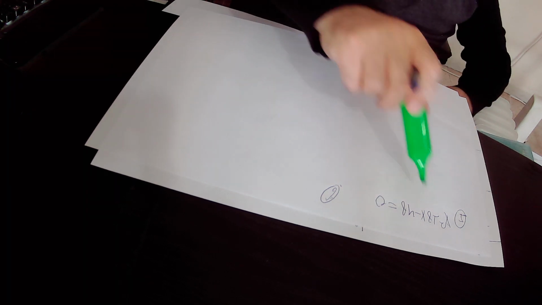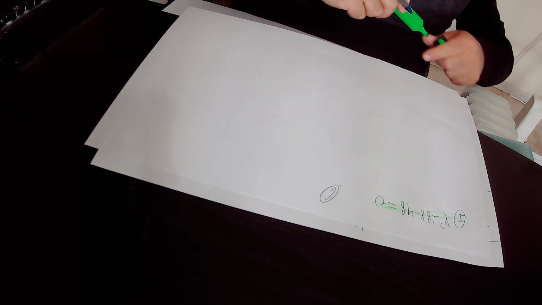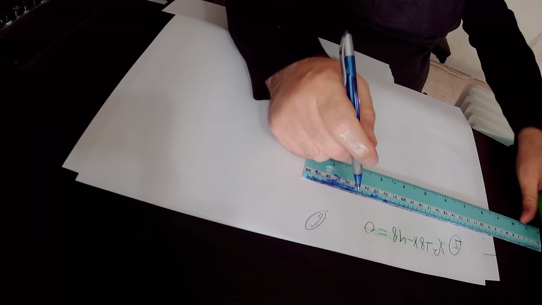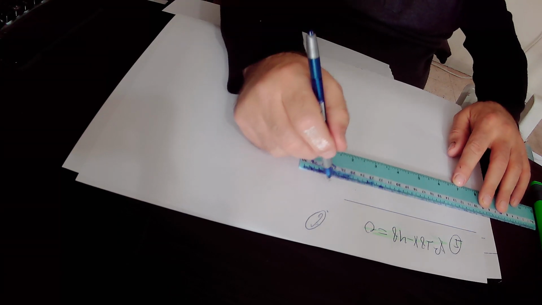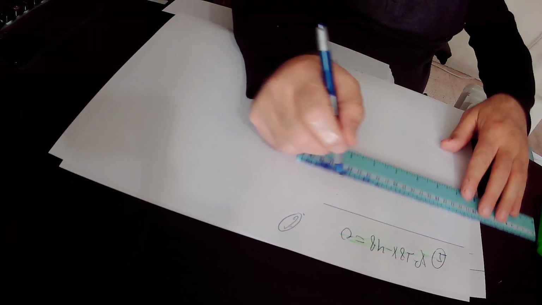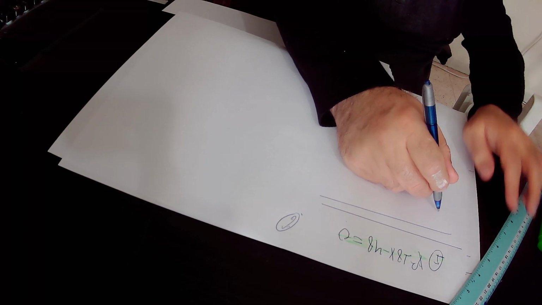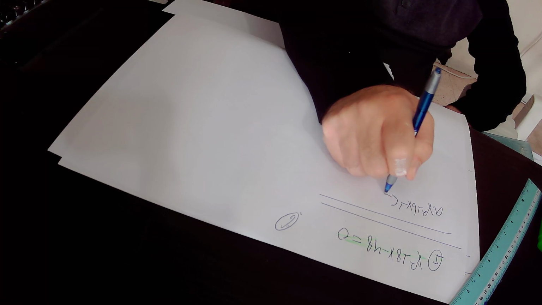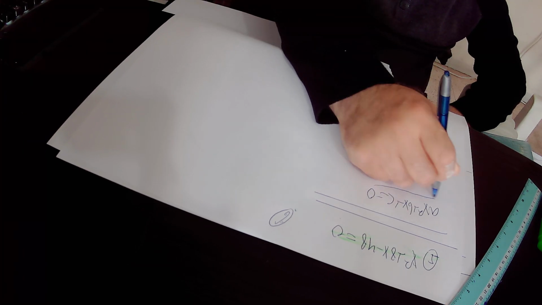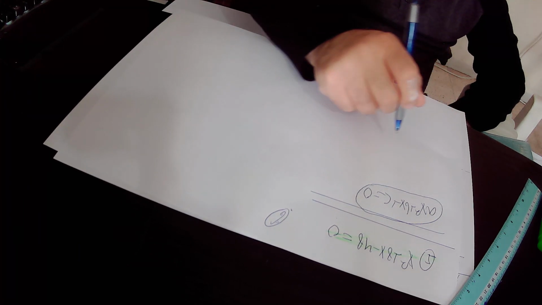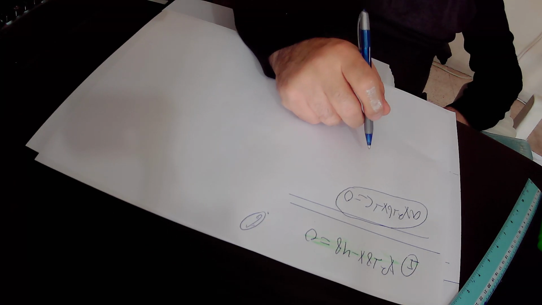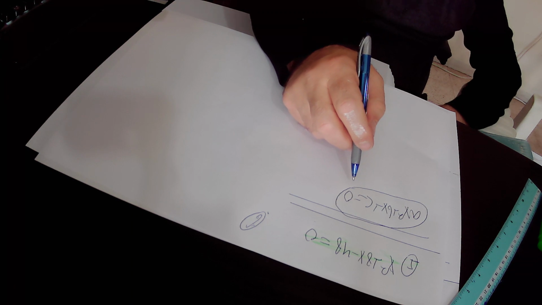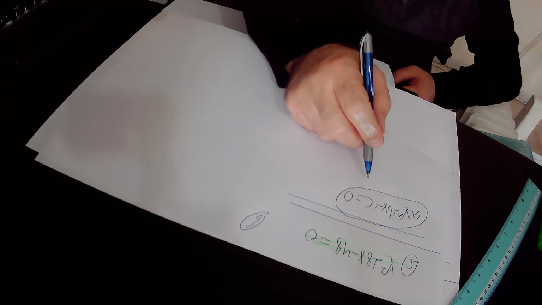So actually this is a quadratic equation, and the general form of a quadratic equation is ax squared plus bx plus c equals 0. In this general formula, a, b, and c are the coefficients of this quadratic equation, and x is the variable that we are looking for.